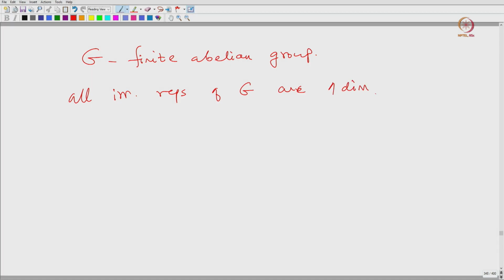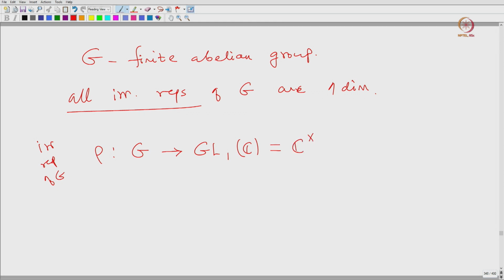In particular, the number of conjugacy classes being equal to the cardinality of G tells us that all irreducible representations must have dimension one. So, if we take rho to be a finite dimensional irreducible representation of G, then we have a map from G to GL1 of C. Now note that GL1 of C can be identified with C cross, the non-zero complex numbers.